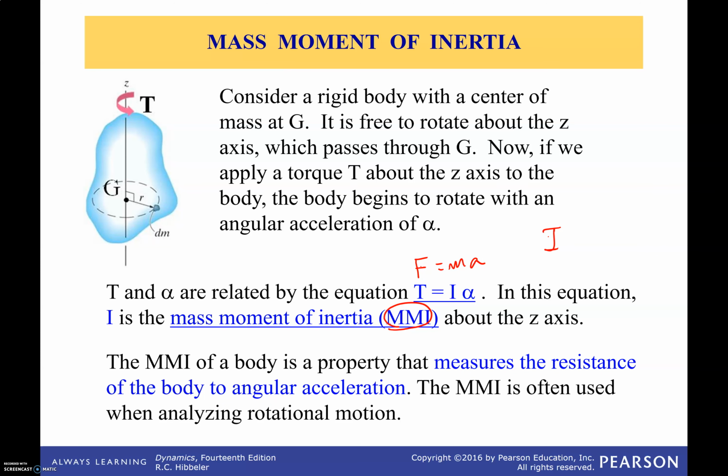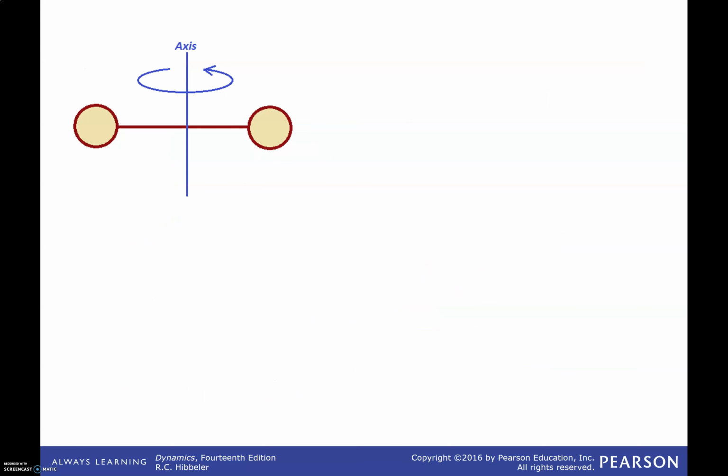So let's look at the definition, and we're going to start with a very simple model. To remind ourselves, we have a dumbbell here. Let's say this is mass m and mass m, and let's say this distance is r. What is the moment of inertia of this system of two masses?